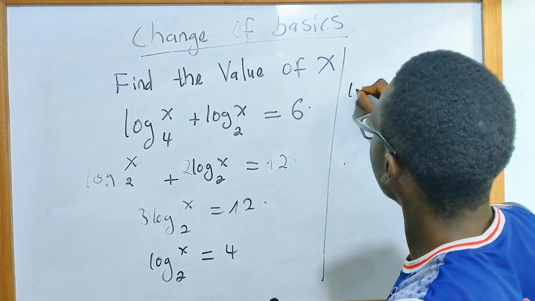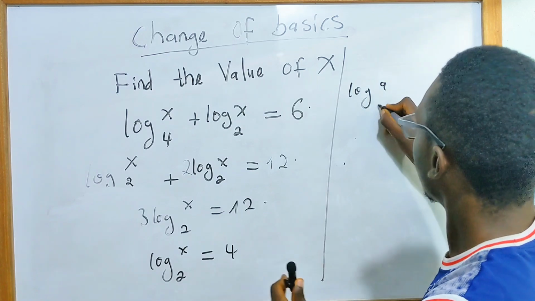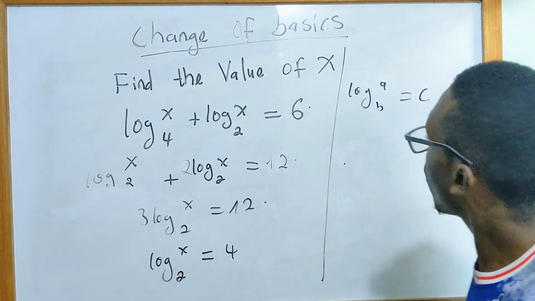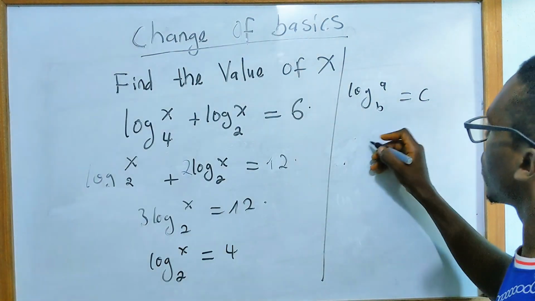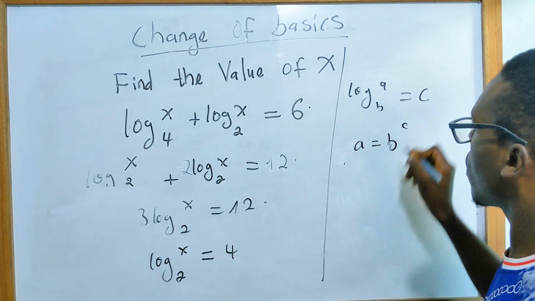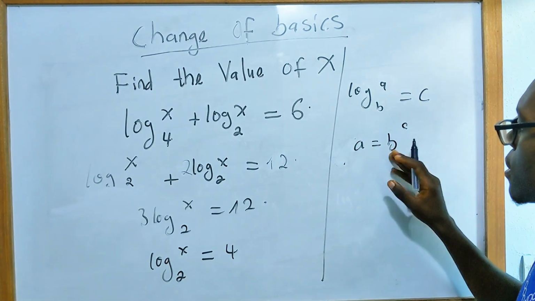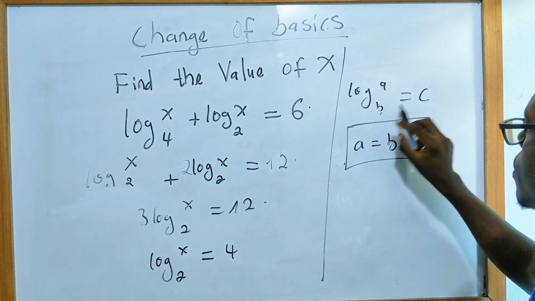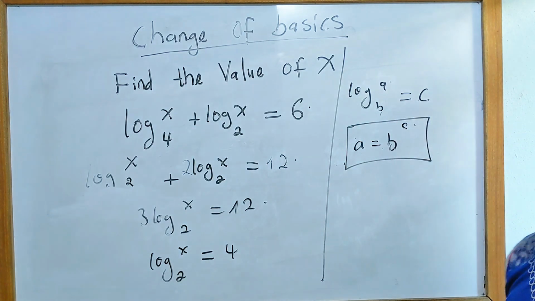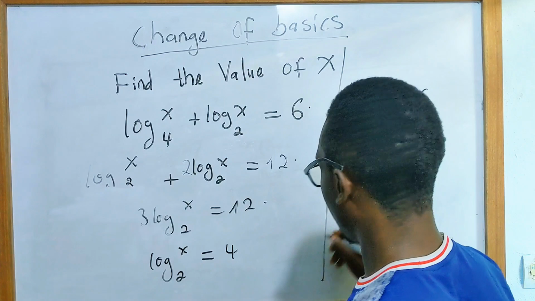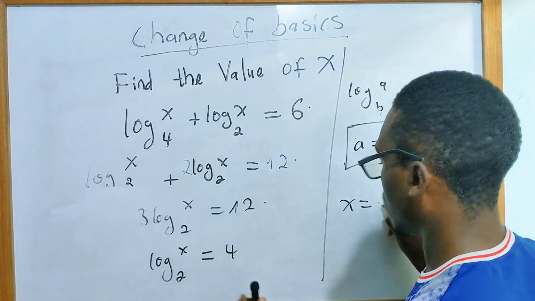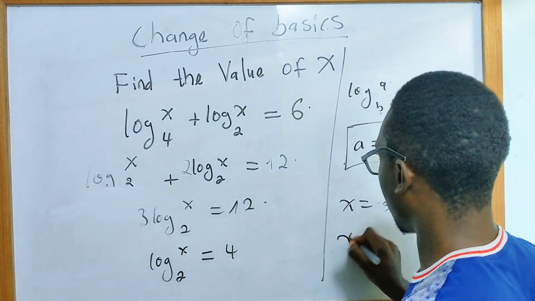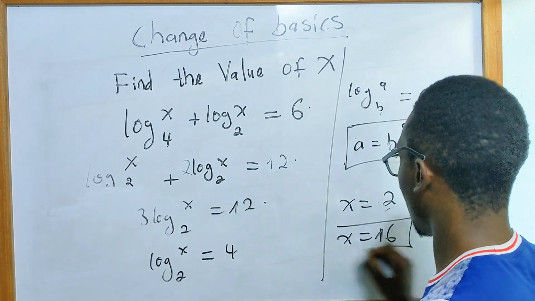At this point, you know that log of a base b equals c, we can also give it as a equals b to the power c. That is how it looks from expansion. So x equals 2 to the power 4, and x equals 16, since 2 to the power 4 is 16.